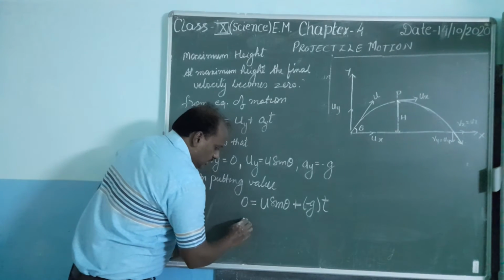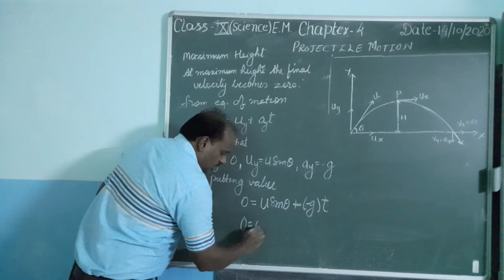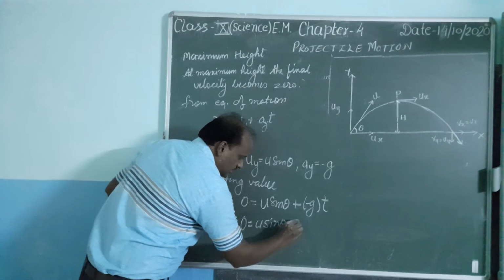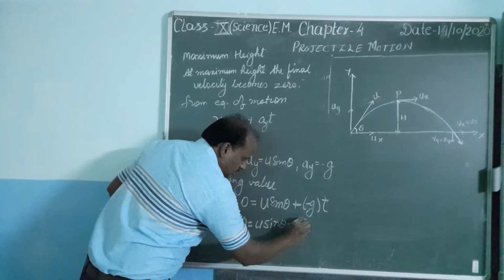So this will become 0 equals u sin theta minus gt.